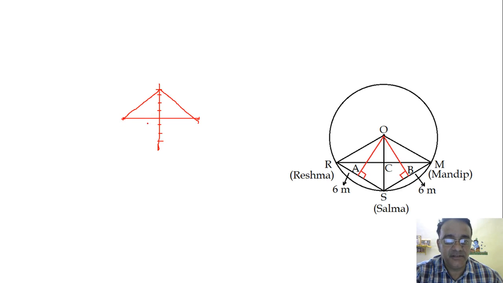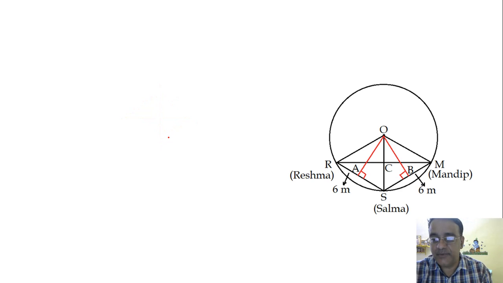You take any point, anywhere, this will be equidistant. And the converse is also true. If any point is equidistant, that line is the perpendicular bisector. So here, see, OR is equal to OM, and therefore we can write OS is the perpendicular bisector of RM. Whether this is clear?